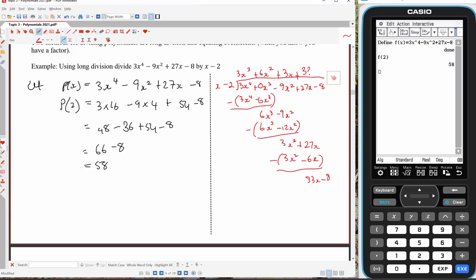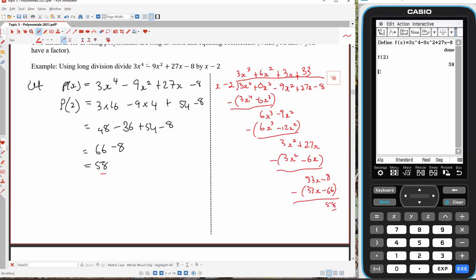That's going to be 33. 33x when I re-multiply, 33 times negative 2 is negative 66. Brackets subtract. Right, so I've got negative 8 subtract negative 66 or negative 8 plus 66, which just so happens to be 58. Right, so notice the remainder there and the remainder there. So we've got exactly the same remainder.